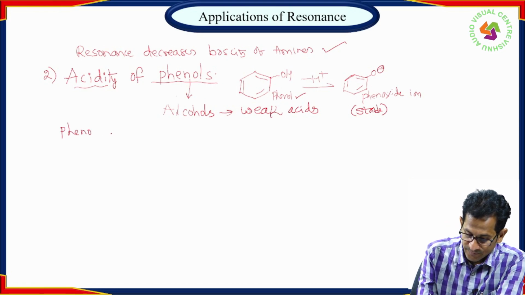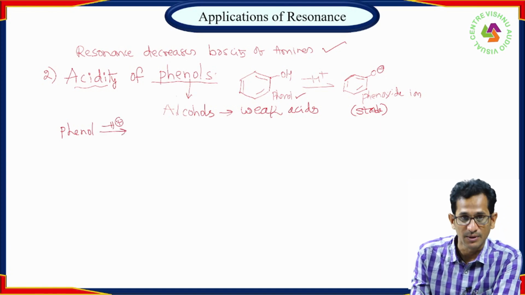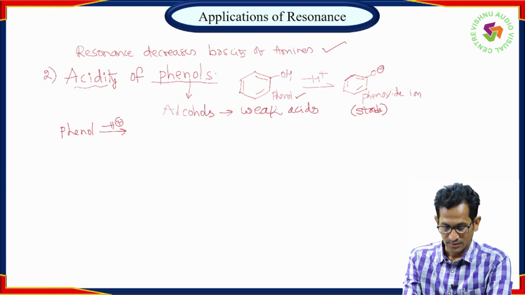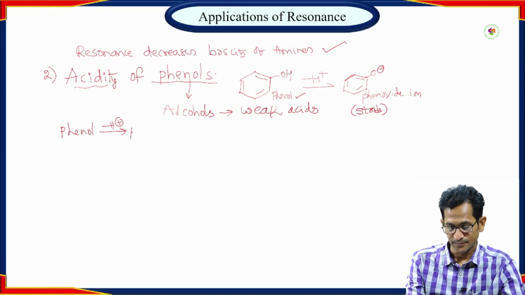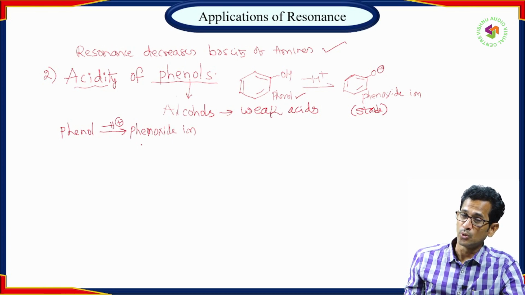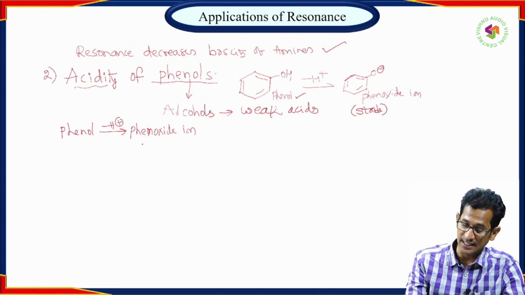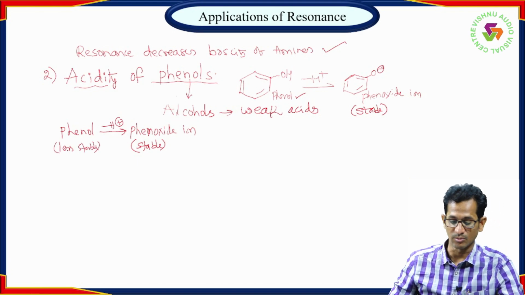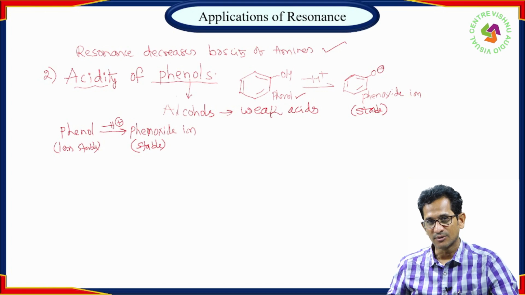Phenol is less stable or unstable, and the phenoxide ion is more stable.